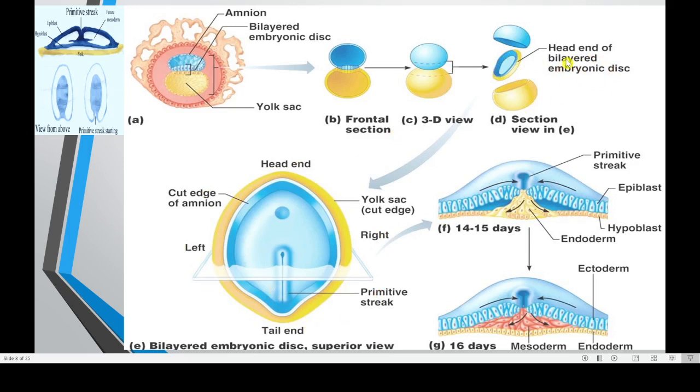Enlarged view of the bilayered embryonic disc. Now here there will be a formation of the primitive streak. Here you can see the primitive streak, and this particular part has been enlarged here, where you can see the formation of the primitive streak.